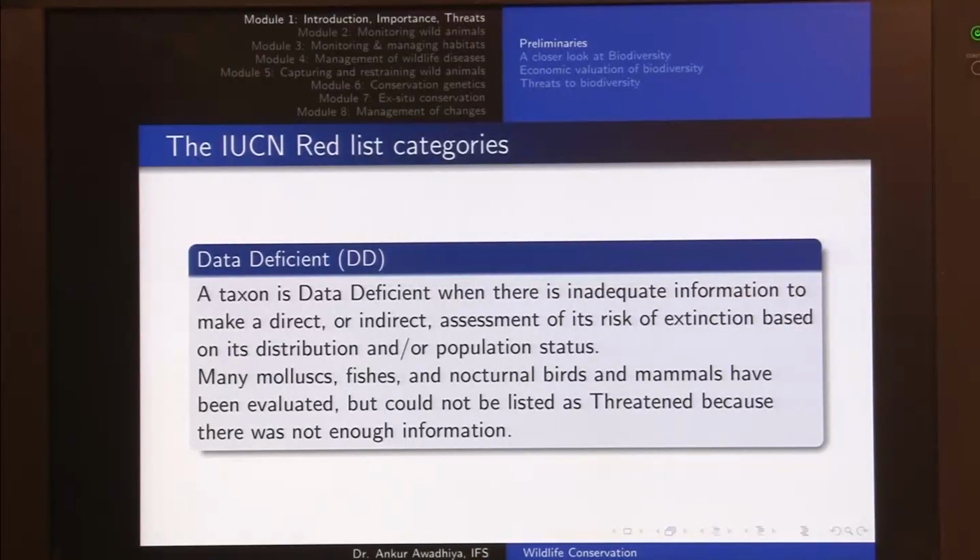Or in the case of a number of mollusks, they are out there in the large oceans, and in those cases it is very difficult to go there and count all of these to make an assessment whether it is coming into any of these categories. So, people have tried to evaluate these, but then the amount of data that we have for these taxa is very less. So, which is why we have put them in the category of data deficient.